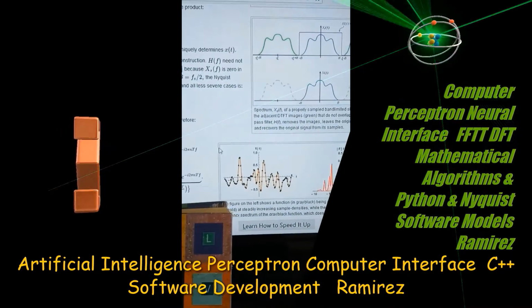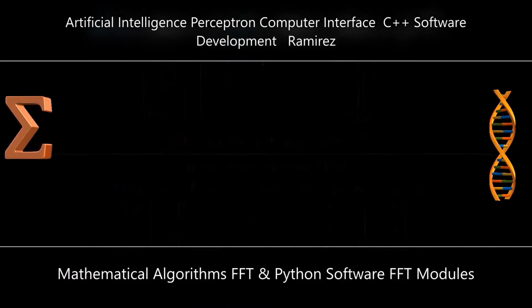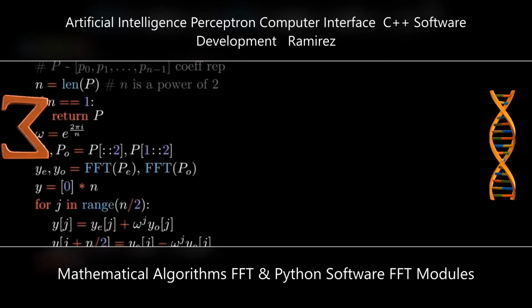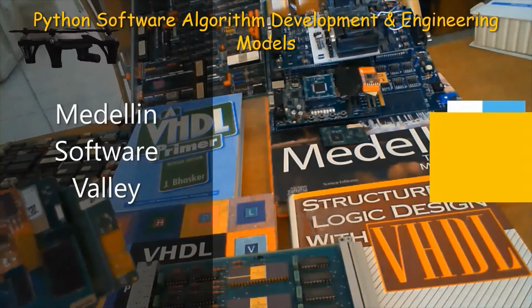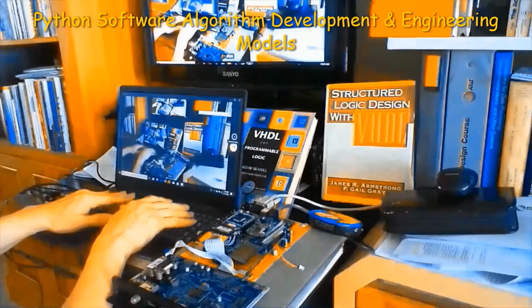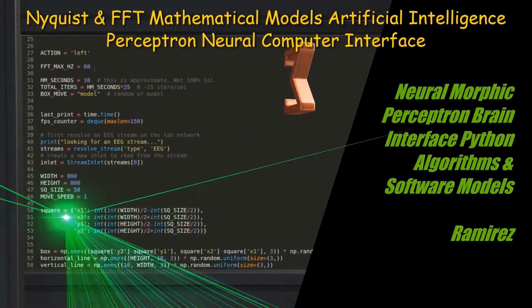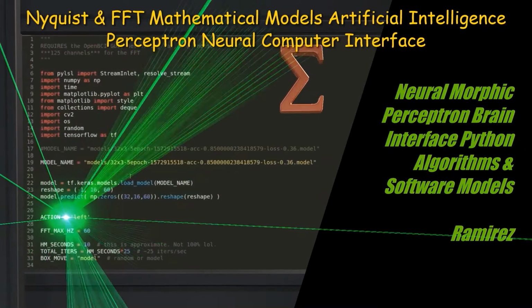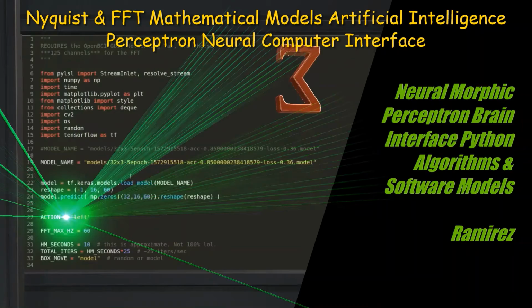This operation is used in many fields, but computing directly from the definition is often too slow to be practical. So the FFT computes transformations by factorizing the DFT matrix into a product of sparse factors.